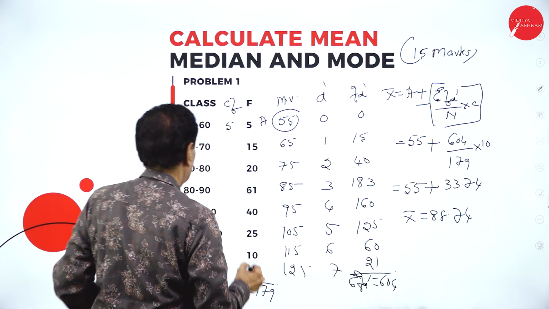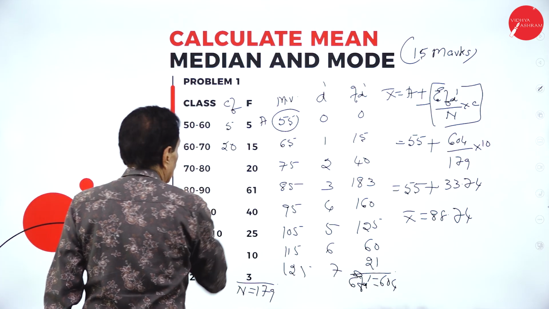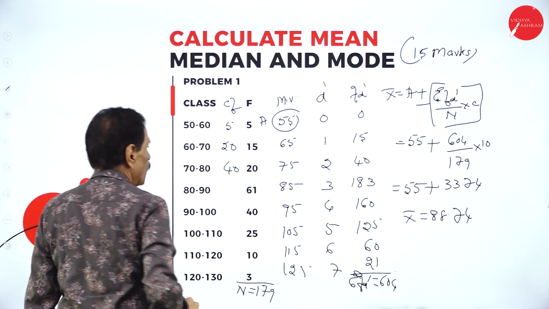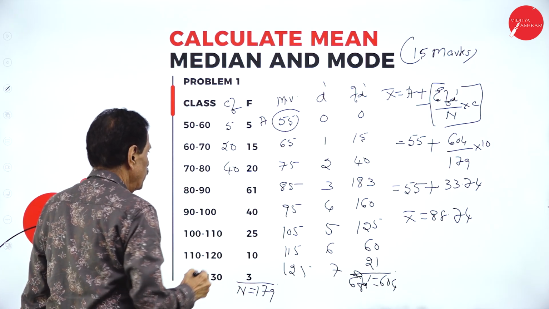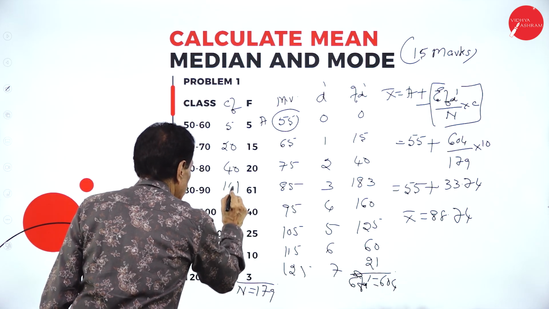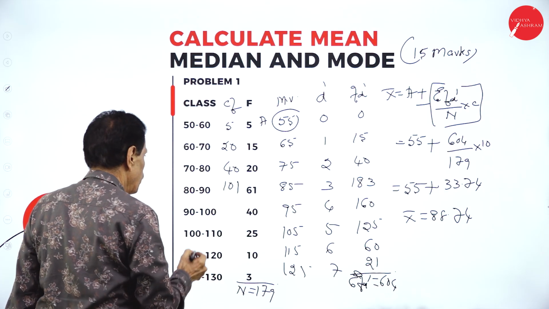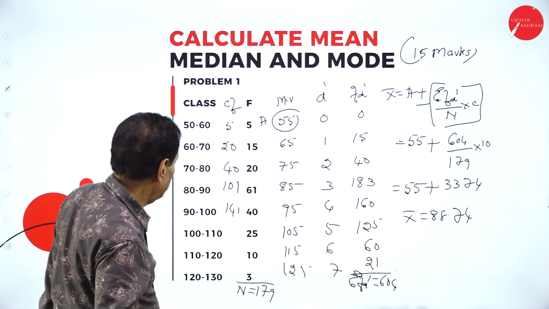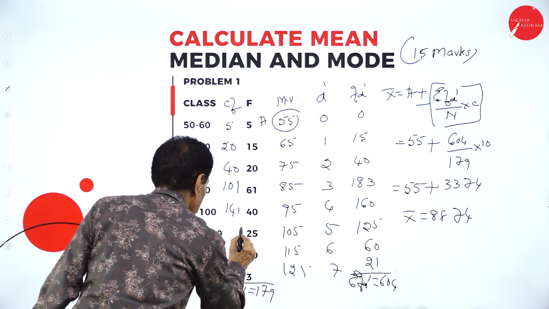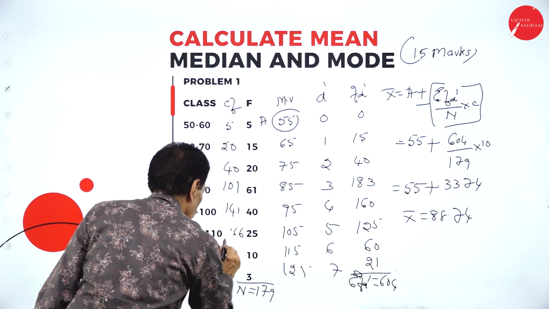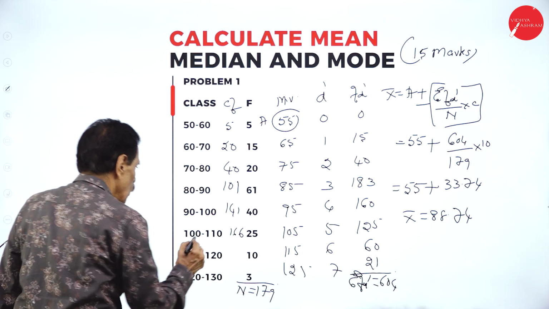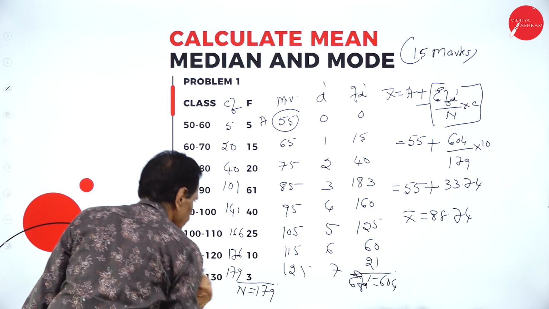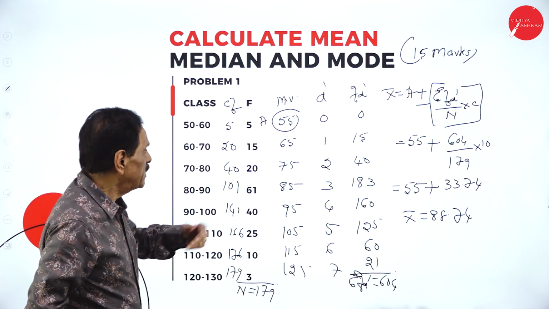Plus 15 is 20. 20 plus 20, 40. 40 plus 61, 101. 101 plus 40, 141. 141 plus 25, 166. 166 plus 10, 176. 176 plus 10, 179. This and this should be equal, just adding.